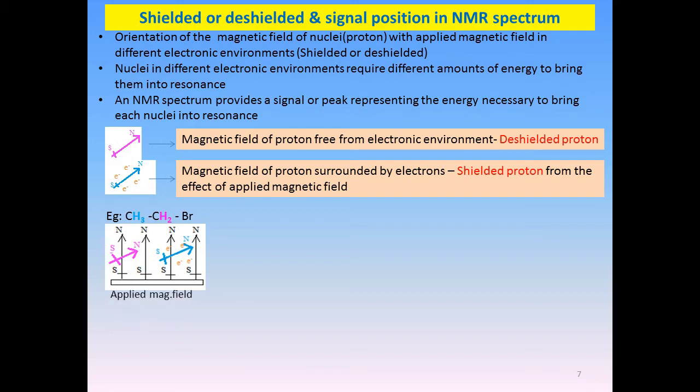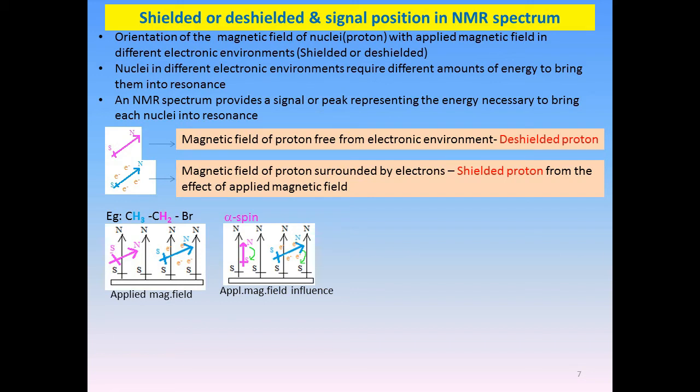Once they are under the influence of the applied magnetic field, they tend to align with respect to the applied magnetic field. So here the de-shielded proton will easily take up the alpha spin. They'll orient in the alpha spin. But the shielded proton could not be oriented in the alpha spin, as they are surrounded by the electrons.